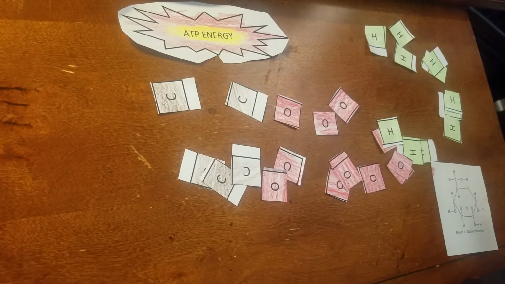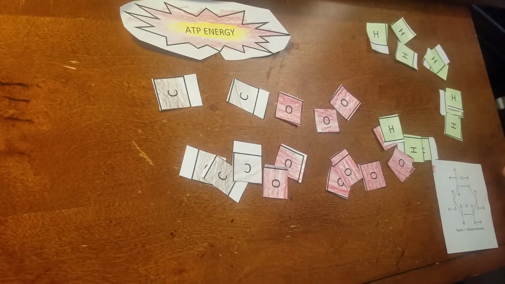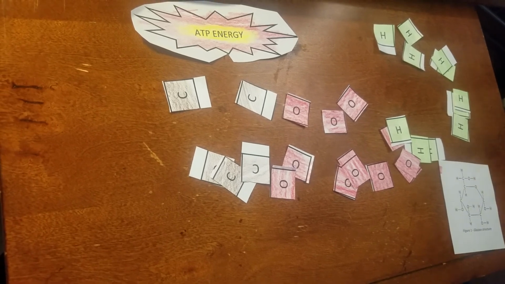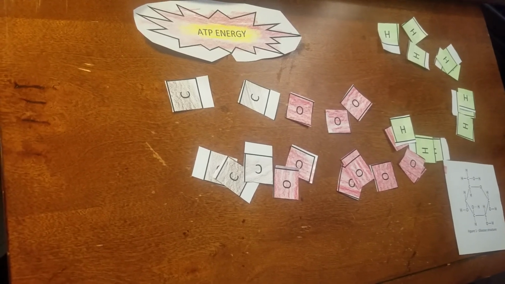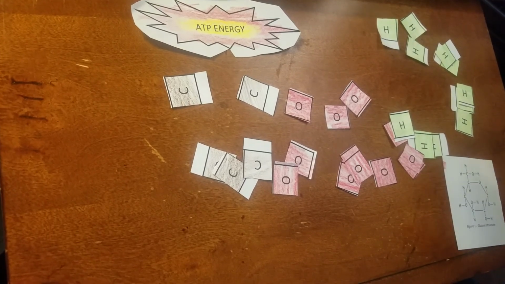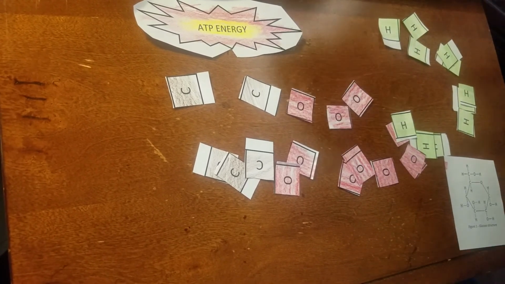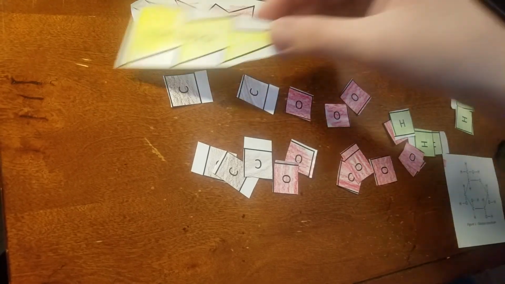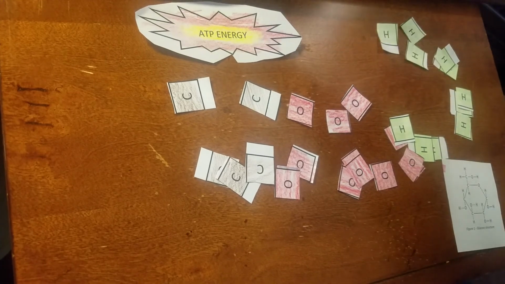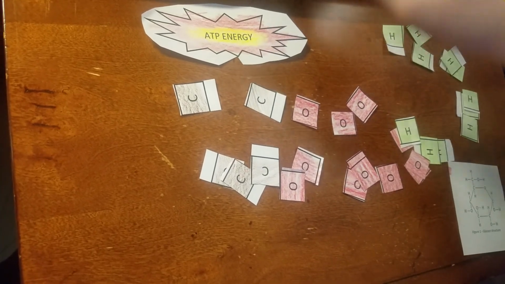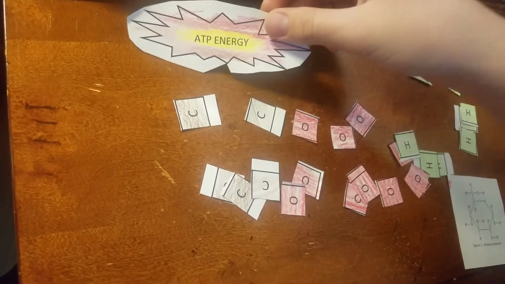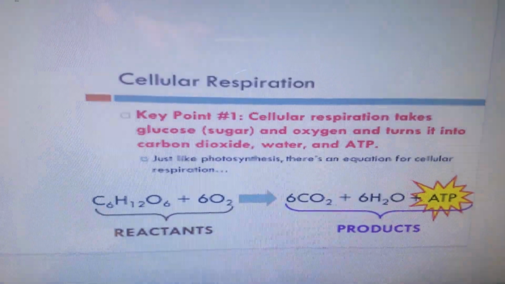So, as you can see, cellular respiration is basically made up of a lot of what photosynthesis is made up of, and basically the only difference between them is that photosynthesis includes light energy, but for cellular respiration we don't really use light energy, but we use ATP energy too.